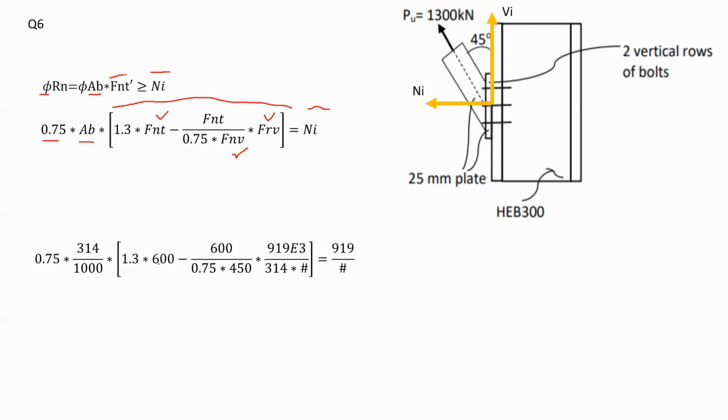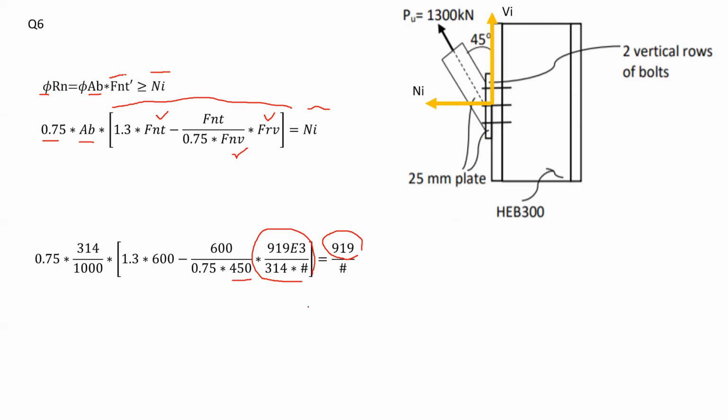So I substitute now 600 instead of FNT as I found before, the nominal tensile stress. I have also FNV, 450 as we found. FRV, that's like the stress in here, and divided and equal to NI divided by the number of bolts, since the tensile force will be distributed over all these bolts.